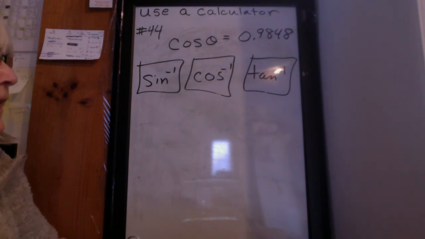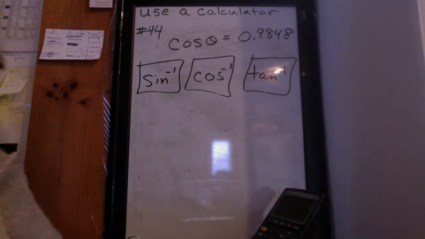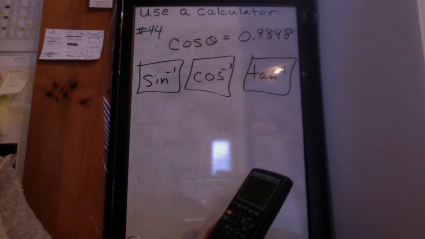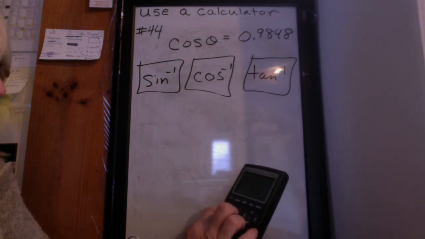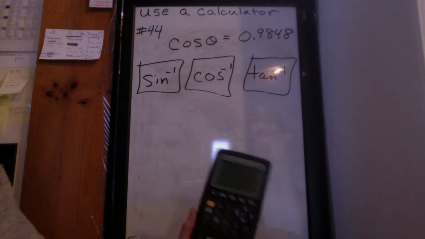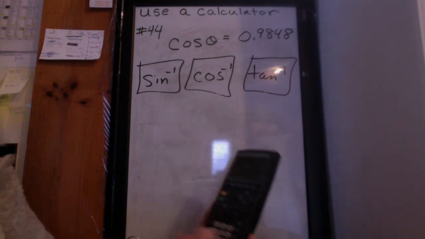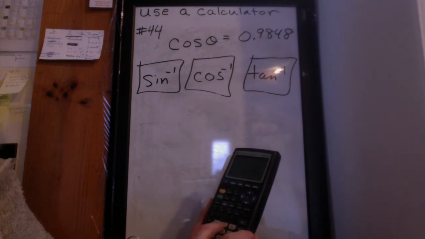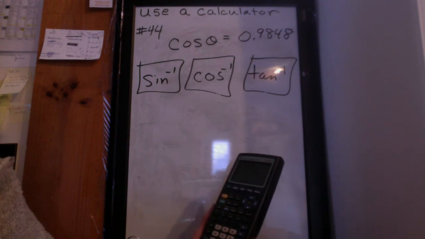Now, they asked for degrees, so make sure you're in degree mode. And then it's pretty easy. You clear out your calculator, and then you type in the cosine -1 key by using the yellow button first. Then you type in 0.9848, and then hit enter.